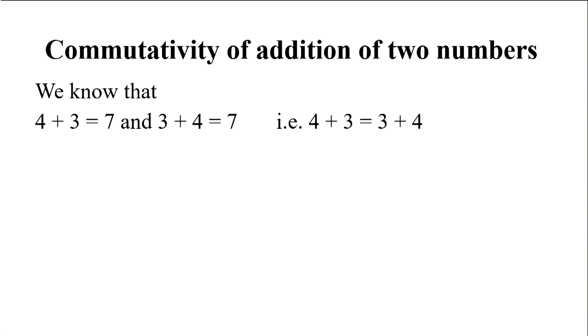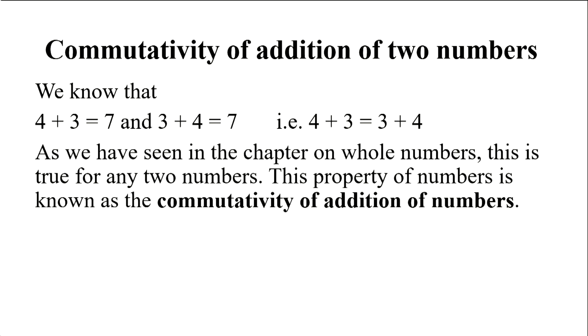We can come to the conclusion that 4 plus 3 is equal to 3 plus 4 because the sums are equal. As we have seen in the chapter on whole numbers, this is true for any 2 numbers. This property of numbers is known as commutativity of addition of numbers.